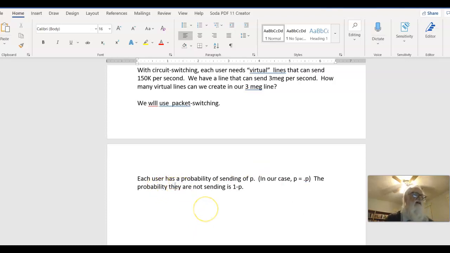So how can we tell if 2 people are sending? Well, here's the trick.